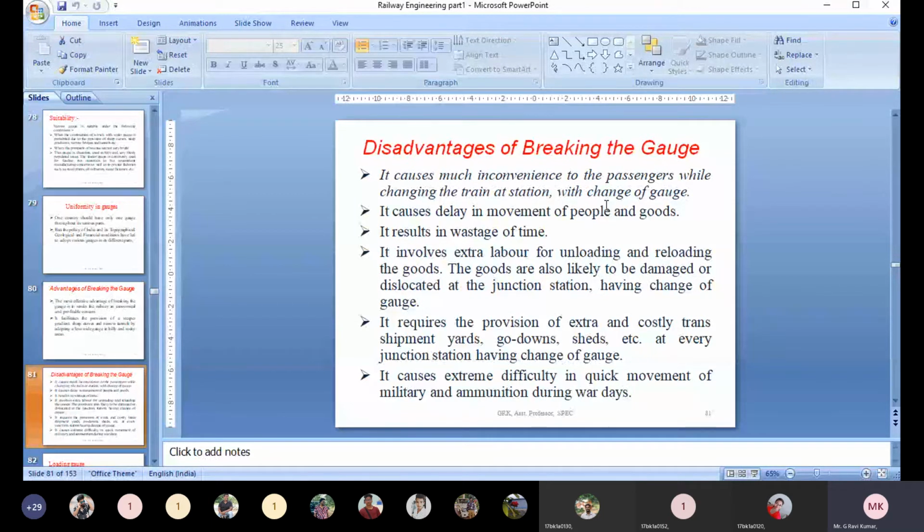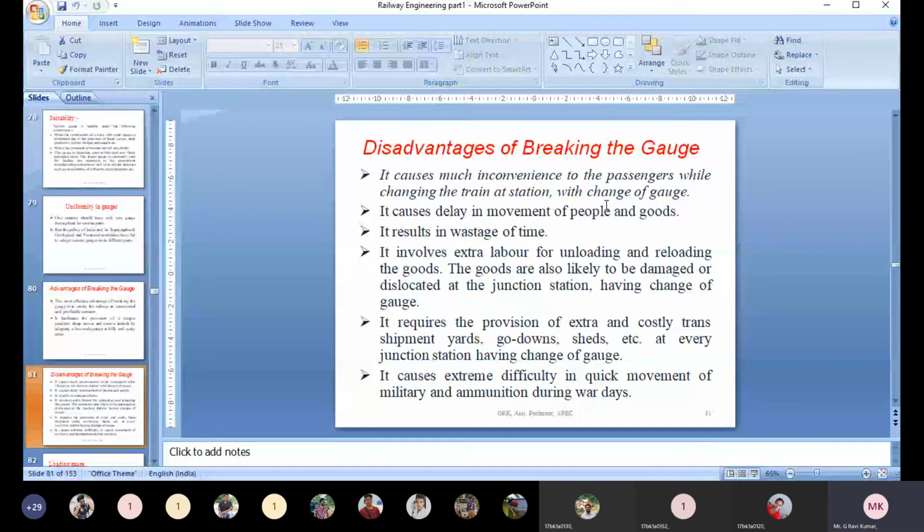It also causes delay in the movement of people and goods. It means it can cause some delay in transport, and it results in wastage of time. It involves extra labor for unloading and reloading the goods. And also the goods are likely to be damaged or dislocated at the junction station.